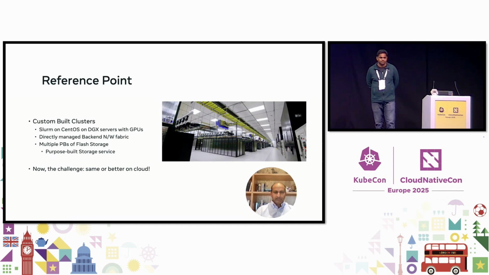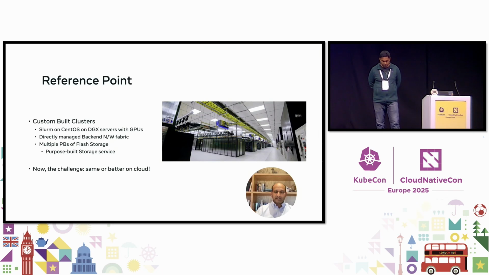The picture that you're seeing is a real cluster that was custom built and launched in 2021-22. We had thousands of DGX servers with GPUs, with CentOS running on them, and orchestrated by Slurm. Slurm is the scheduler that we used.